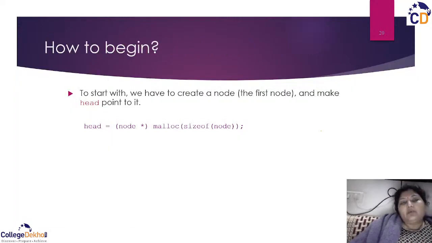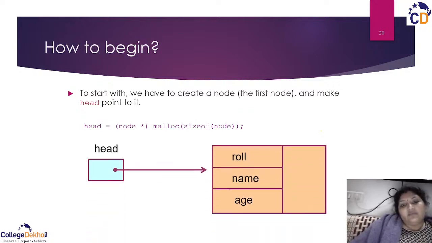How to begin, how to create a list? Head is equal to node, and node is defined as what type? Pointer type. Malloc and sizeof node. Whatever the size of the node, you may use the function sizeof. Yes, so this is how we are maintaining the structure.